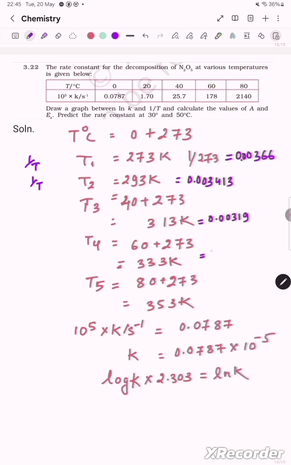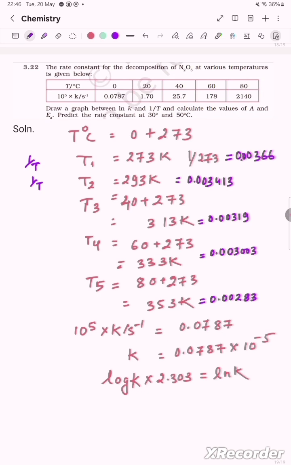The next value becomes 0.003003, and the last value becomes 0.00283. Now these are the inverse temperature values.